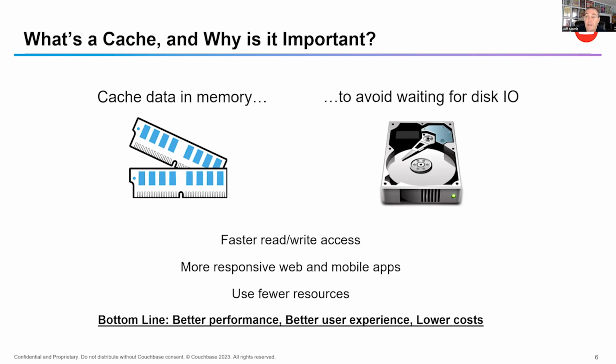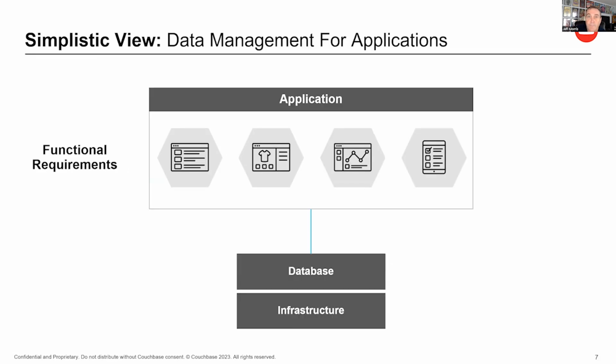You gain more responsiveness for your web application or your mobile app. And you might use fewer resources. You won't have to engage the hard drive, and therefore the bottom line is you're going to enjoy better performance, better user experience, and lower costs all the way around. That's a much better situation for your application.